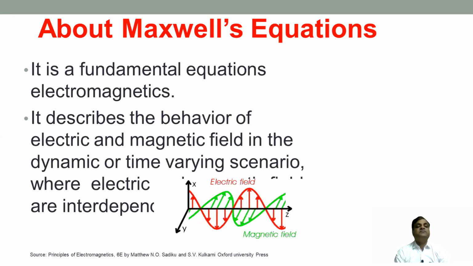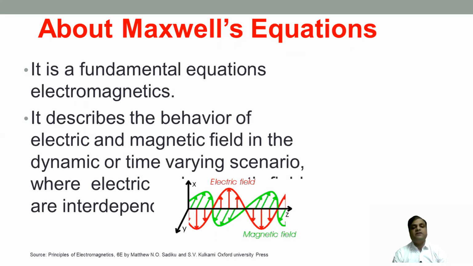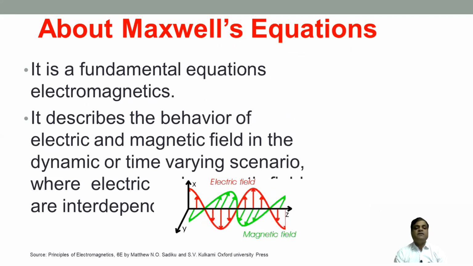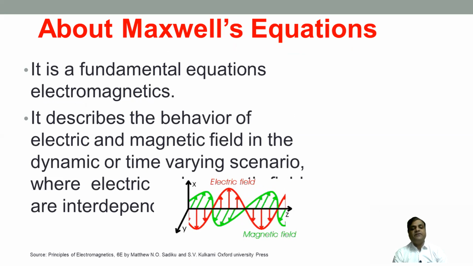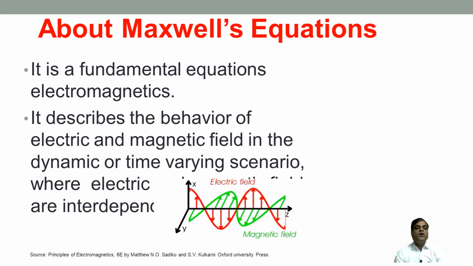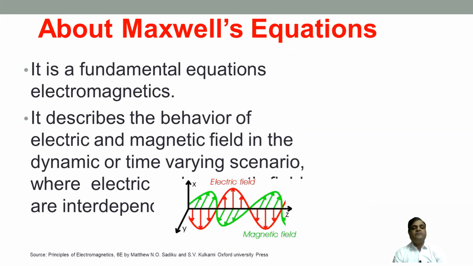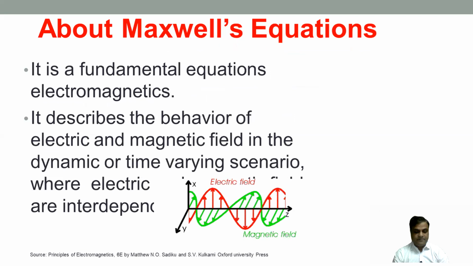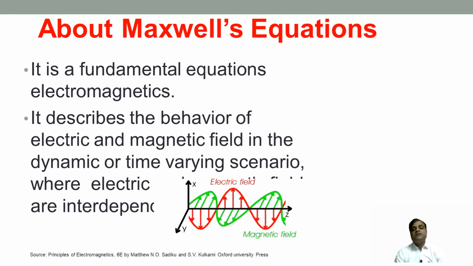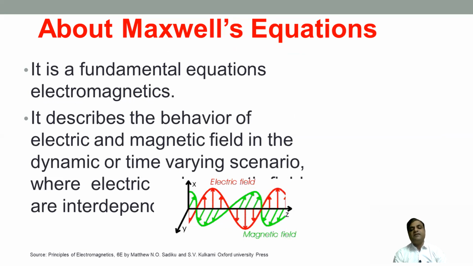Then what about the Maxwell equations? They are the fundamental equations of electromagnetics. They describe electric and magnetic fields in a dynamic, or time varying, scenario where electric and magnetic fields are interdependent. See this diagram, where we see a moving electric and magnetic field.